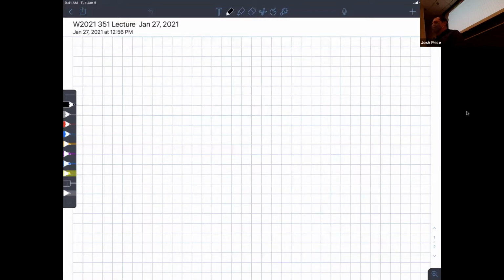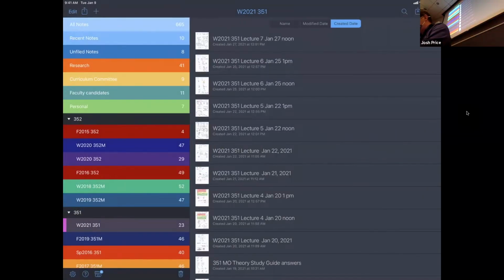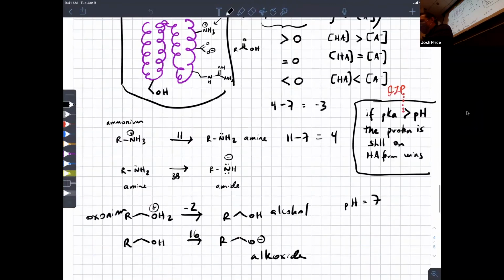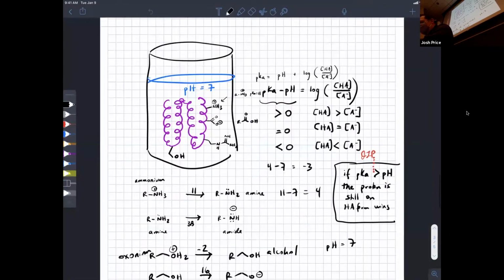That's fantastic. Okay. Well, there's a few more things I want to do with acid-base chemistry, and I need to make sure I remember where we left off last time. Last time we were dealing with how to determine, based on the pH of a solution, what the state of various groups would be.